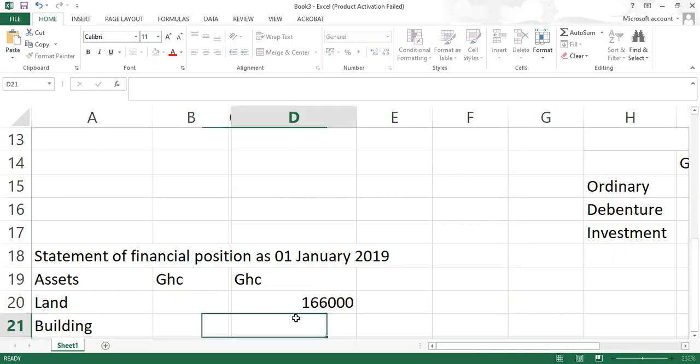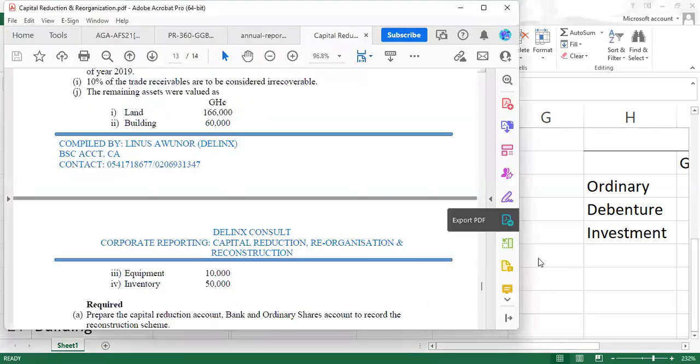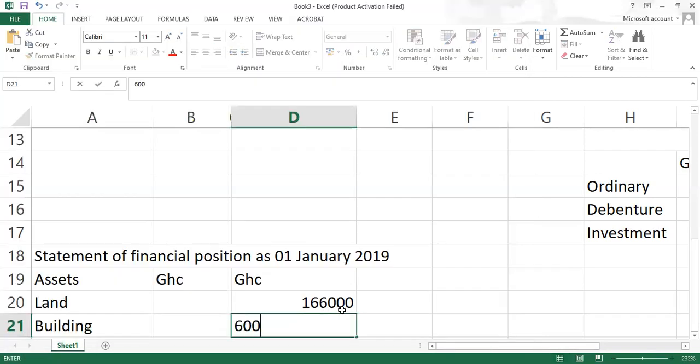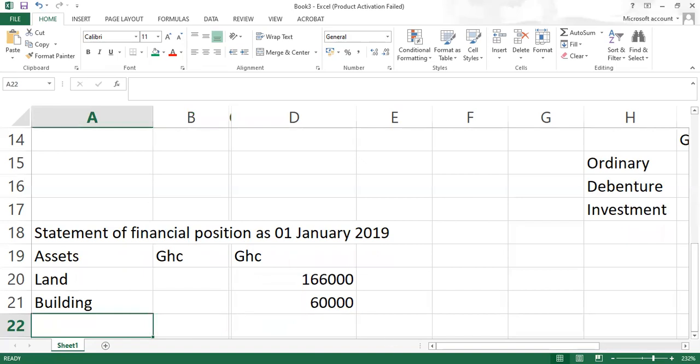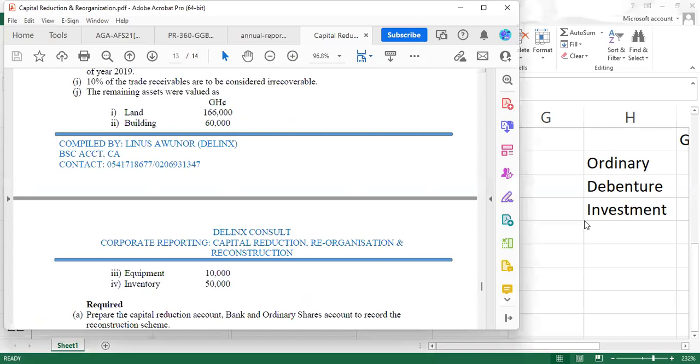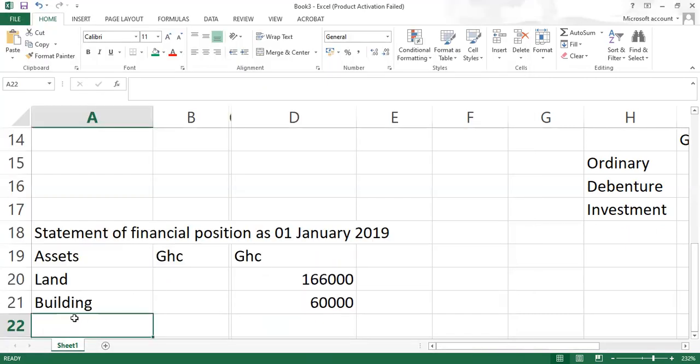The new value is how much? It is 60,000. The next asset is equipment. Equipment is how much now? The new value is 10,000.